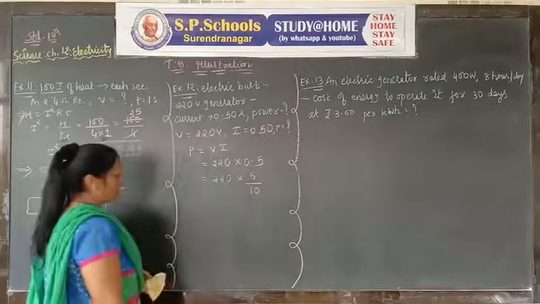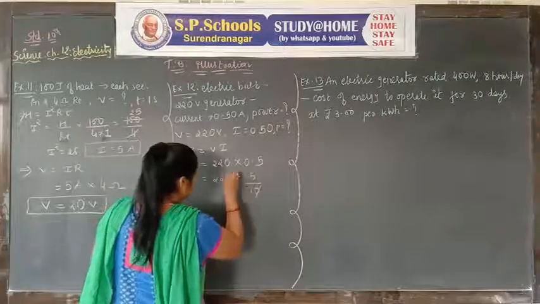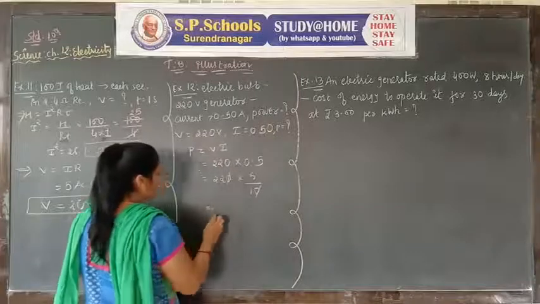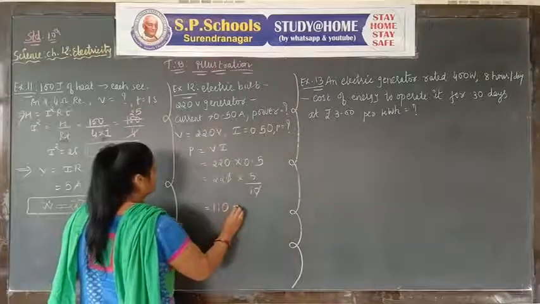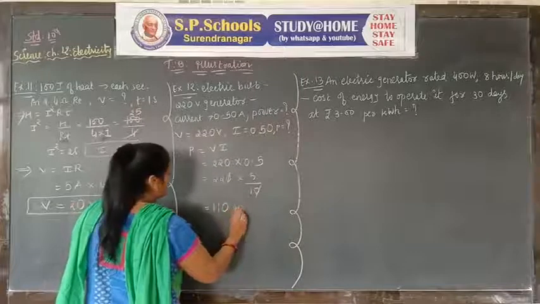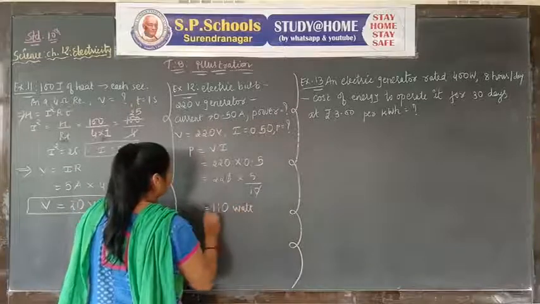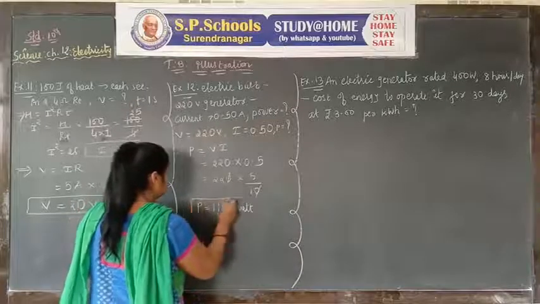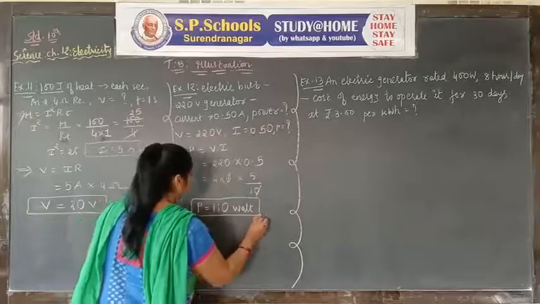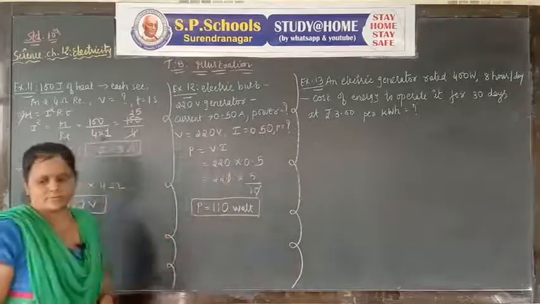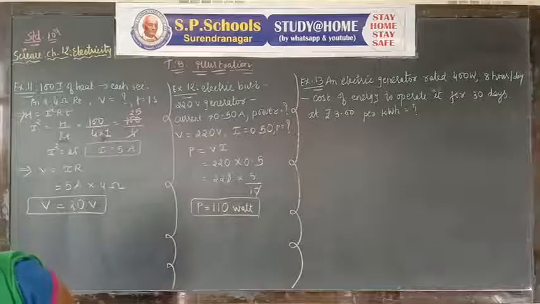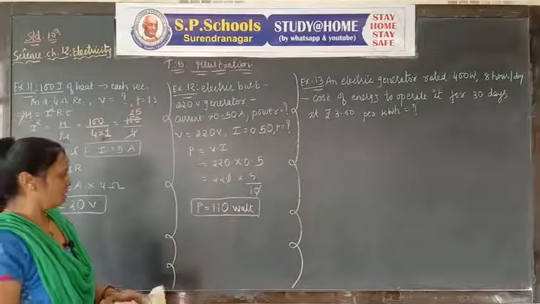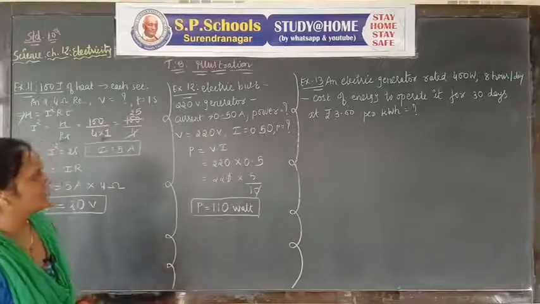We remove the point, 0 will be cancelled, it will be 110. The unit of power is watt, or you call it joule per second, it will be watt.